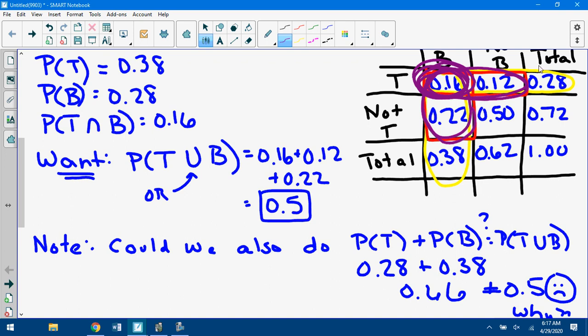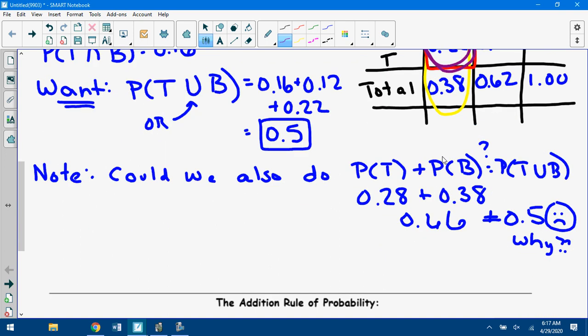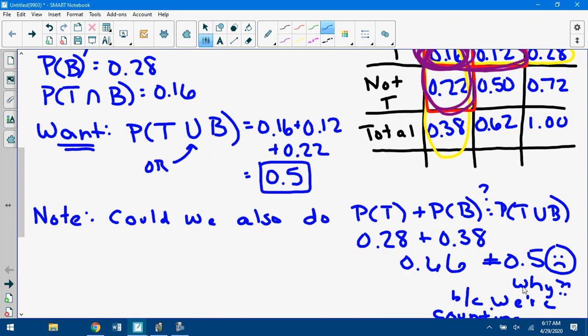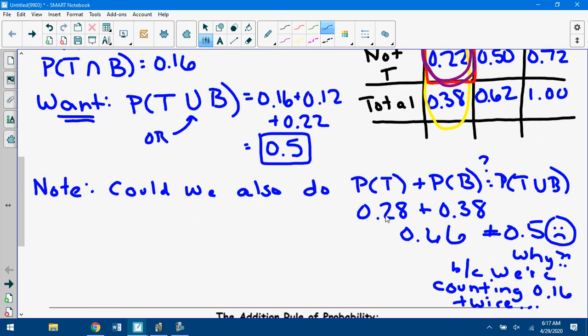That's part of the 0.28 and it's part of the 0.38. So the reason why is because we're counting the 0.16 twice. So that's why just adding the totals doesn't work, because the overlap is included in both totals.